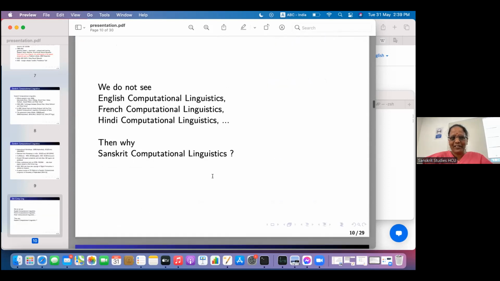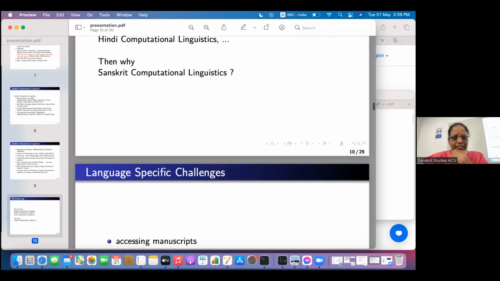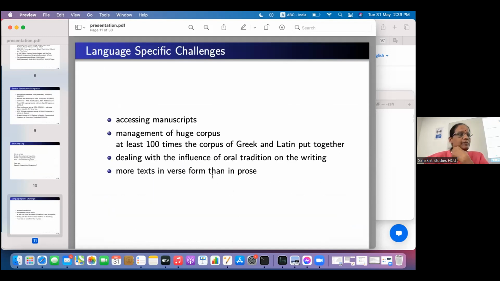Now I have a question. We always say Sanskrit Computational Linguistics. We don't see the terms English Computational Linguistics, French Computational Linguistics, Hindi Computational Linguistics. Why Sanskrit Computational Linguistics? There are a few reasons. There are language-specific challenges for Sanskrit.